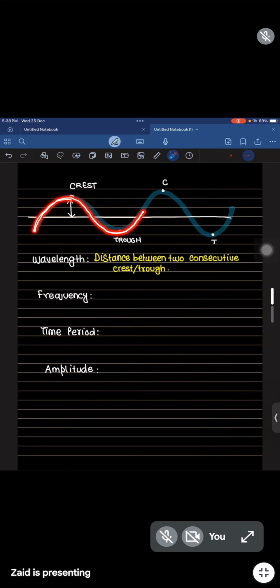So in 1 second, how many such waves travel through one point? For example, I have chosen these 2 points. So I need to check how many waves are traveling over here. So this is the frequency. All right. Frequency means how many wave cycles, how many complete oscillations, how many complete vibrations are being made in 1 second.